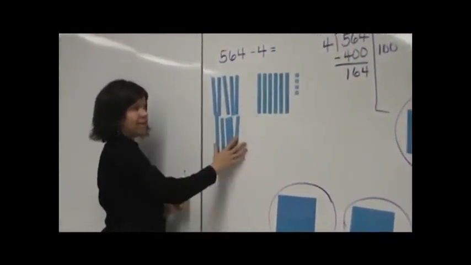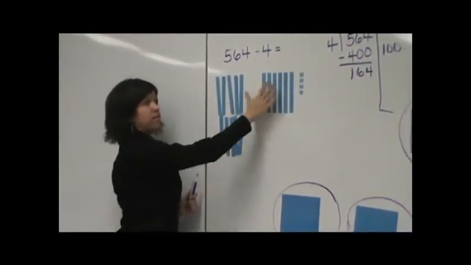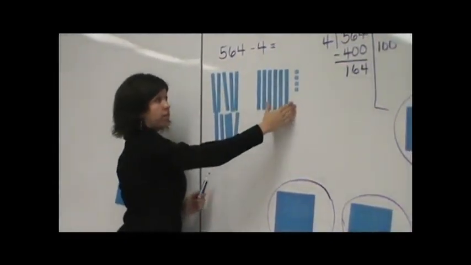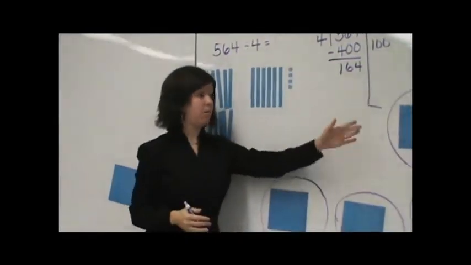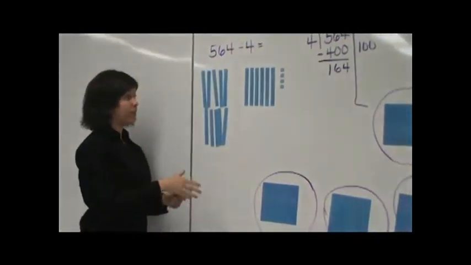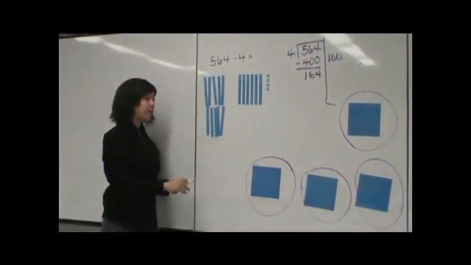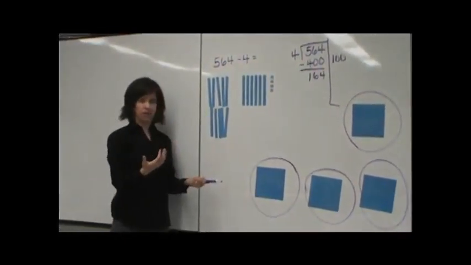So now instead of 100 and 6 tens, we have 16 tens and 4 ones. So now when I think about dividing amongst those 4 groups, I can think about dividing 16 into 4. Well, I know that 4 times 4 is 16.